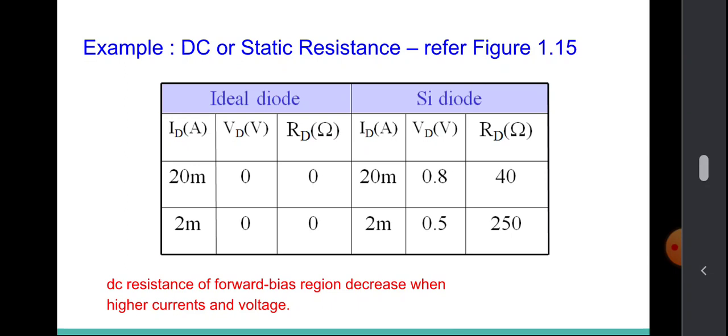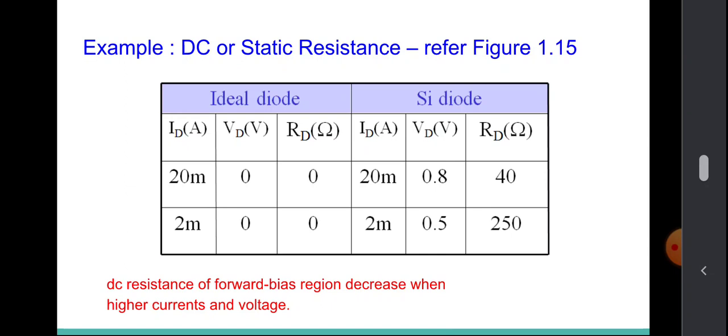And if the current is 2 milliamp, the voltage in the ideal diode is still 0 and the resistance is still 0. But in the silicon diode, when the current is 2 milliamp, the voltage is 0.5 volts and the resistance is 250 ohms.